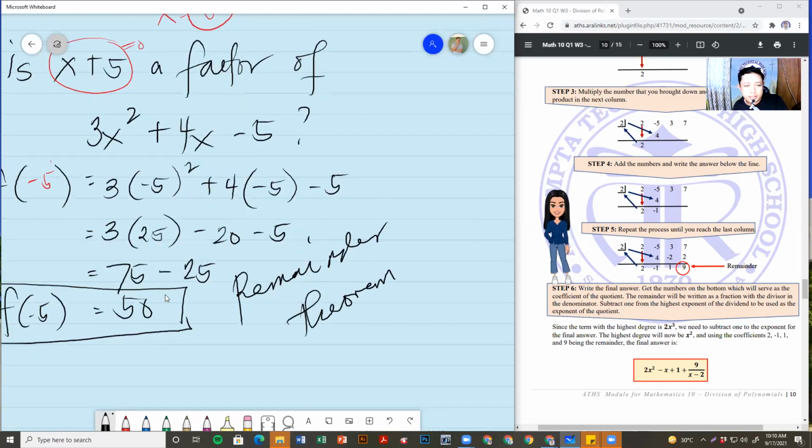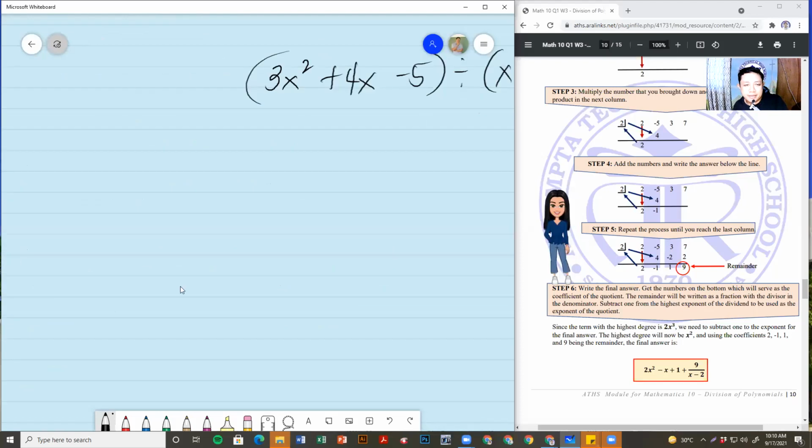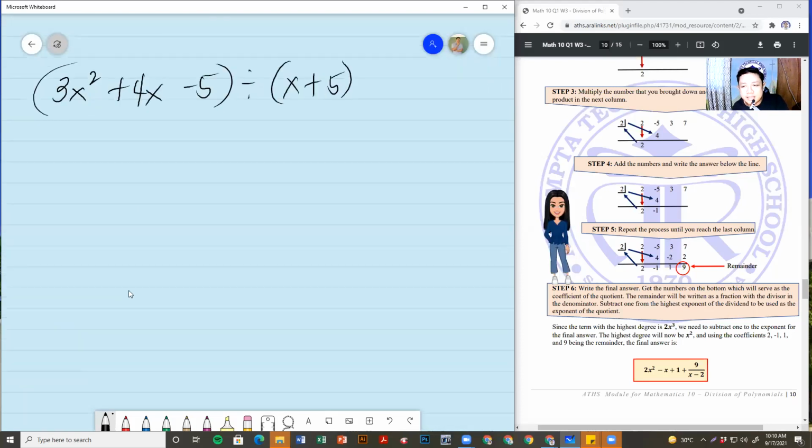Okay, 3x squared plus 4x minus 5. Ayan. If the given is like this naman, we are not asked if it is a factor or a remainder theorem or if it's a factor. We are asked of the quotient kasi 3x squared plus 4x minus 5 divided by x plus 5. Then we have to do the synthetic or the long division.